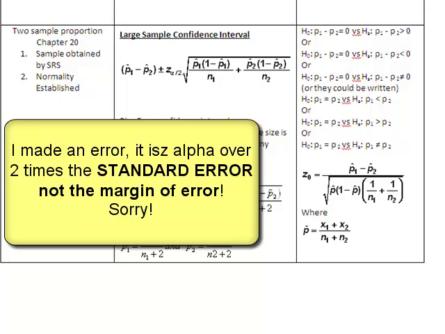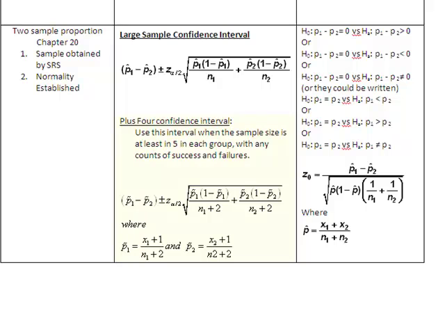Now, we can use the +4 confidence interval if our sample size is at least 5 in each group, with any counts of successes and failures. And again, you're going to add 4 between both samples, so you're going to add 2 to sample 1 and 2 to sample 2, and you're going to add 1 success and 1 failure to sample 1, and 1 success and 1 failure to sample 2.